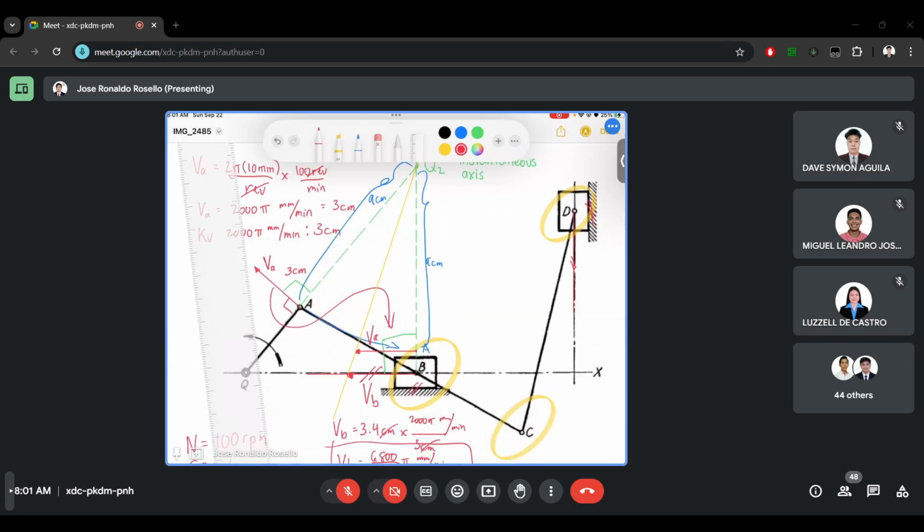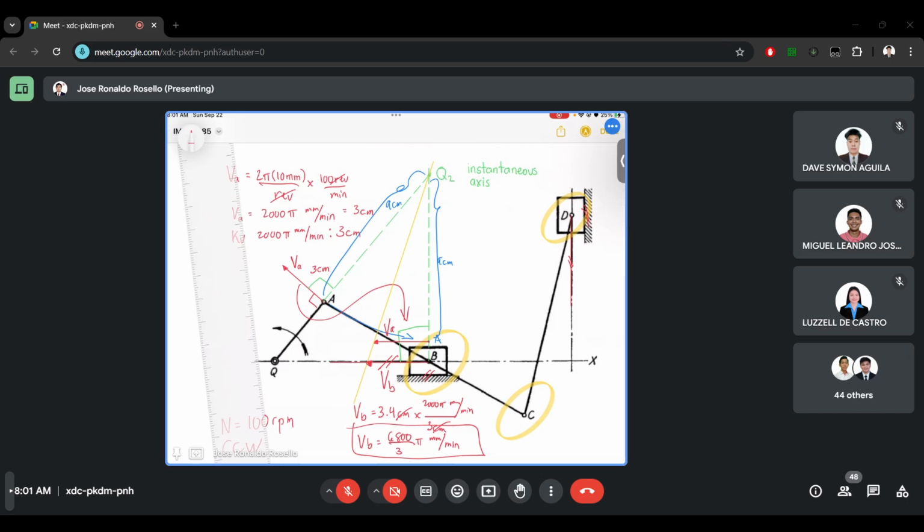Okay, now let's go to point C. What I mentioned earlier is that two or more points on the same link have the same instantaneous axis.